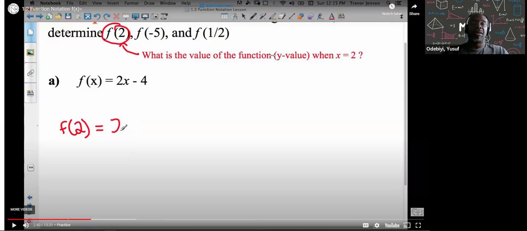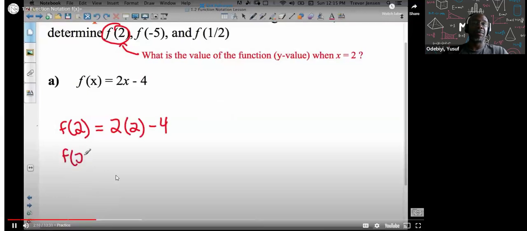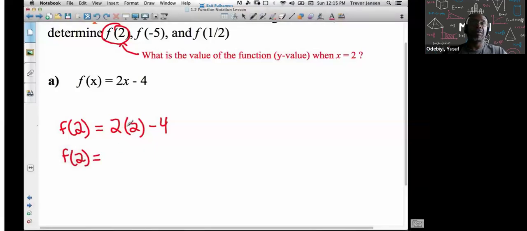Okay. So we can fast forward. We know f of 2 equals 0. That means my y value, when I plug in x equal to 2, is equal to 0. F at 2 is equal to 2 times 2 is 4, minus 4 is 0.